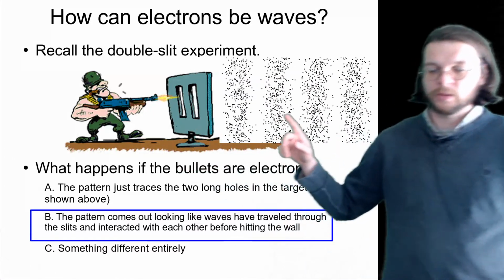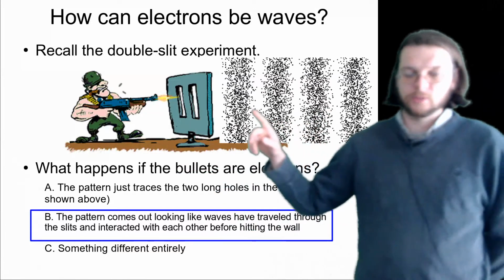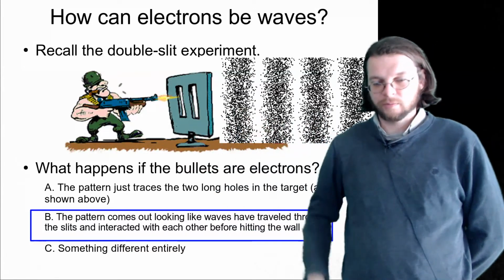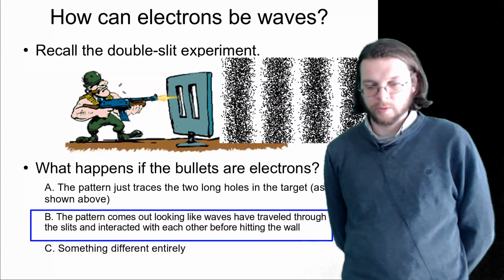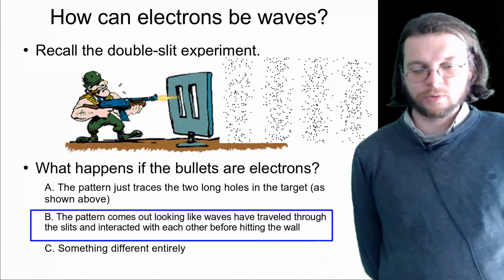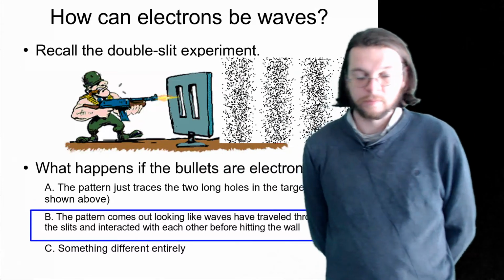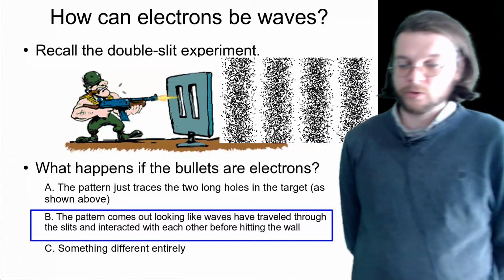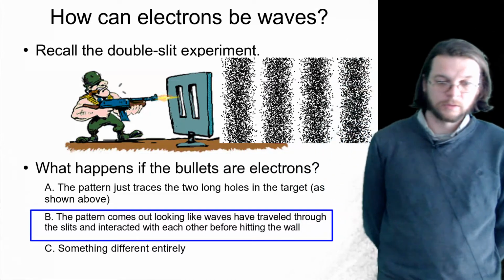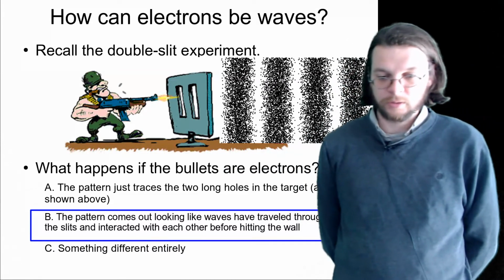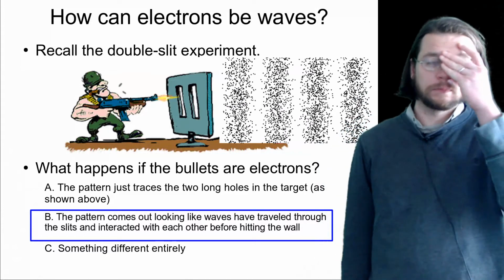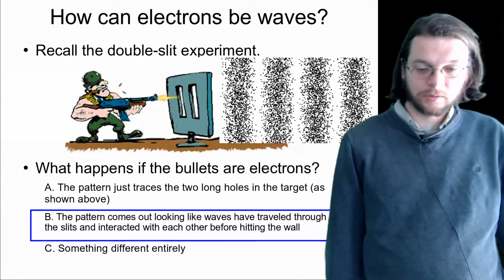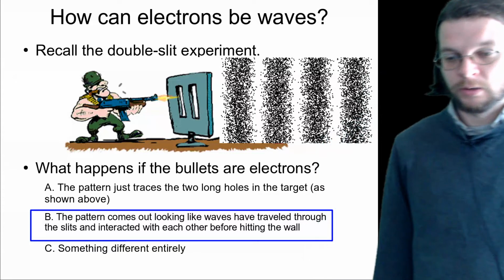And I hope you can tell that this pattern is very different than just showing the outlines of these openings. And so there is some sort of wave-like thing going on. And this is a very strange, very unanticipated result. Very puzzling result that is sort of one of the craziest parts of physics for sure.